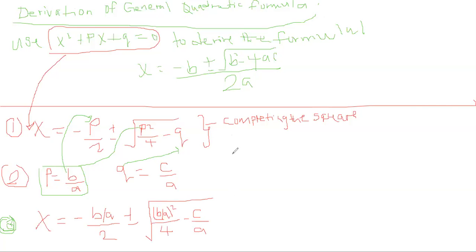So we can come here with this, and x will be what? x equals to, so this one we have to do a little bit of algebra manipulation. This term we can express as minus b over a divided by 2.